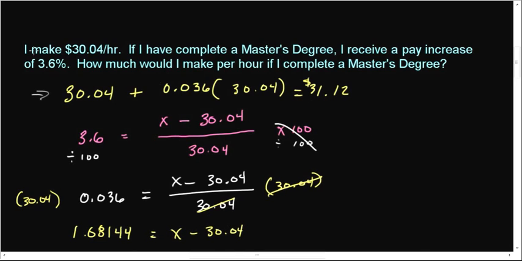Add $30.04 to both sides, and this is going to cancel here, and I get x is equal to 31.12. Either way, you get the job done.